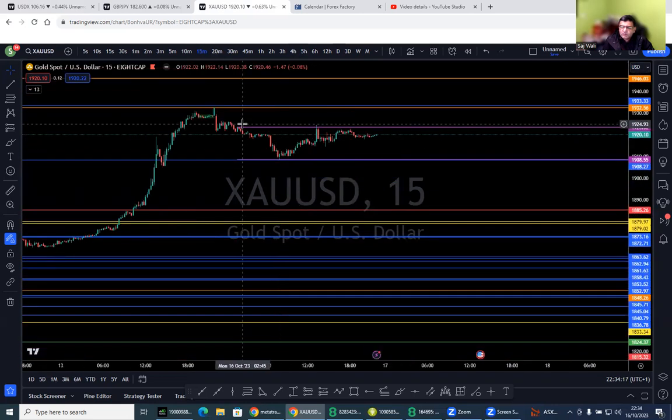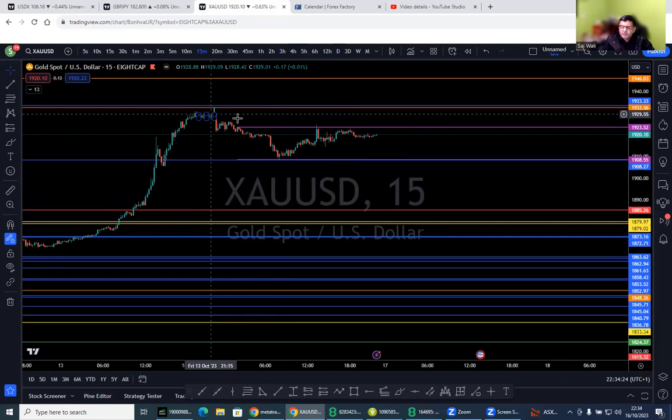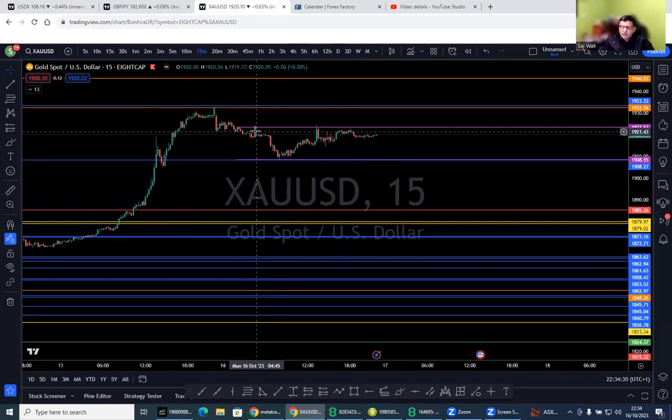So today what happened, this was the Asian zone high and this the Asian zone low. The market broke this level around 1922. It was broken, retested it, and in fact the 1920 level is broken, retested it, and the market came down again.